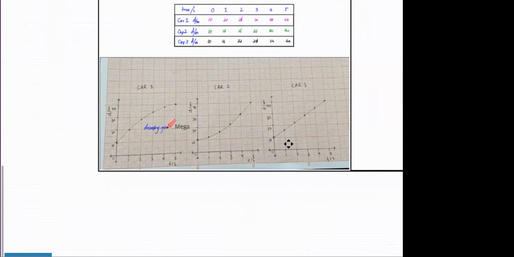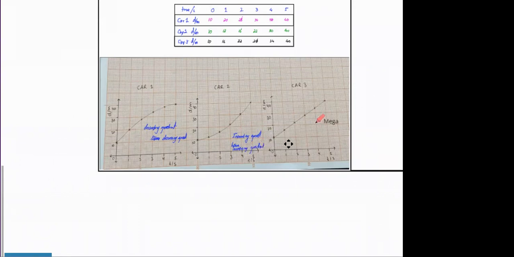So decreasing gradient shows decreasing speed here, increasing speed, hence increasing gradient.